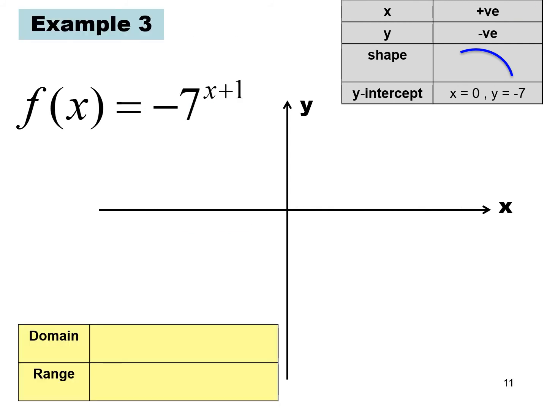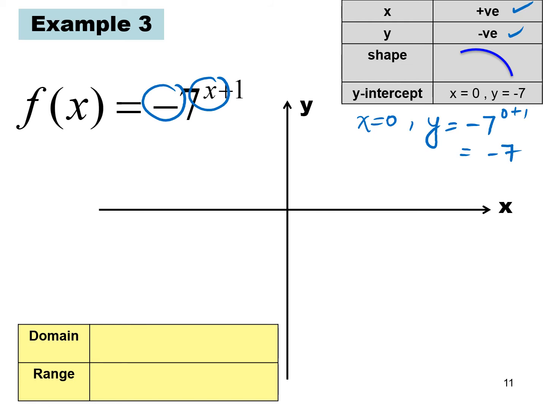Okay, for this graph, f(x) equals negative 7 to the power x plus 1. So this one, look at this: x is positive, y is negative, and then the shape of this graph is like this. Okay, x positive, y positive, then x is 0, y equals negative 7, 0 plus 1, we have negative 7.